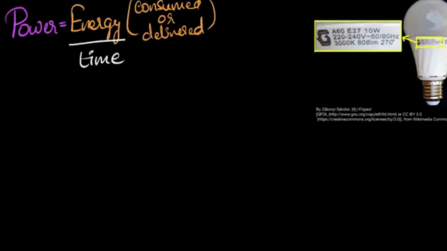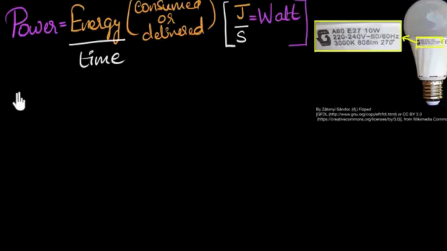So let's look at its units now. The unit of energy is joules, the unit of time is seconds, and joules per second is what we call watts, which we represent by W. It's named after the scientist James Watt.